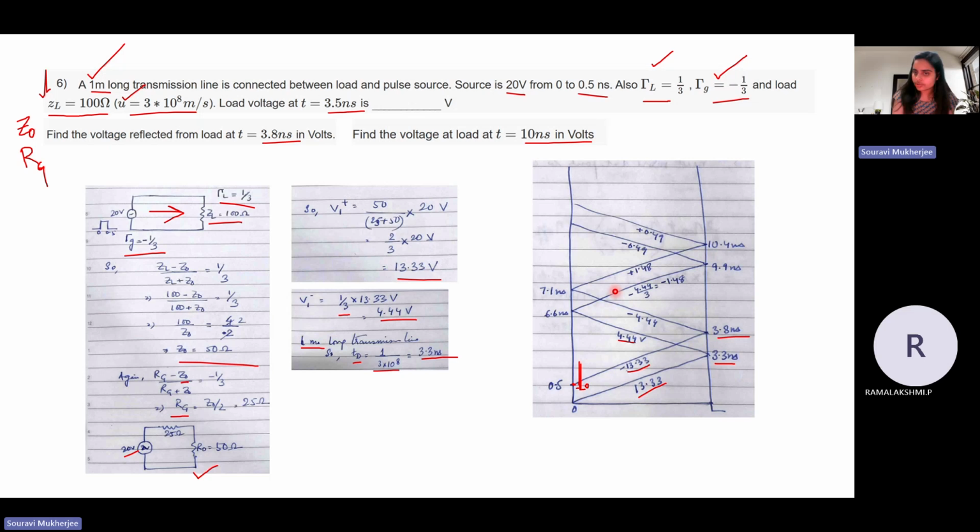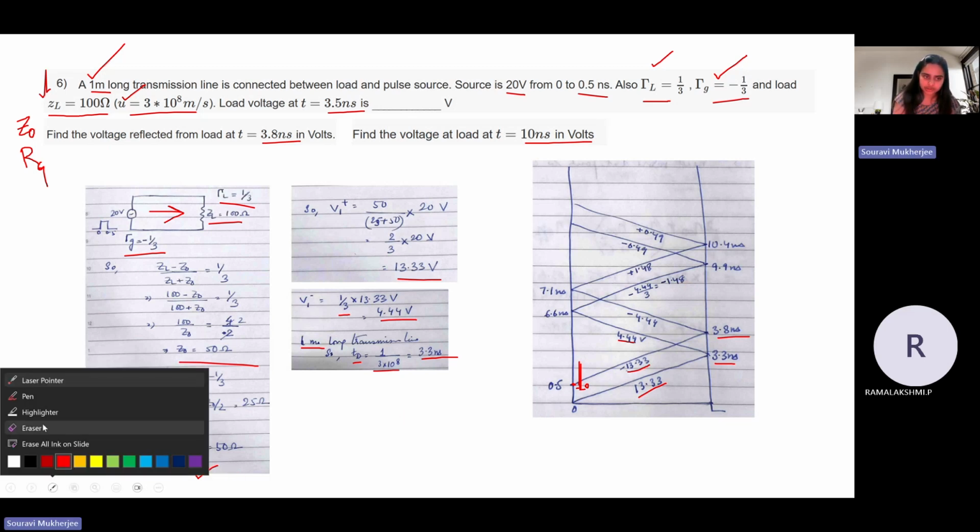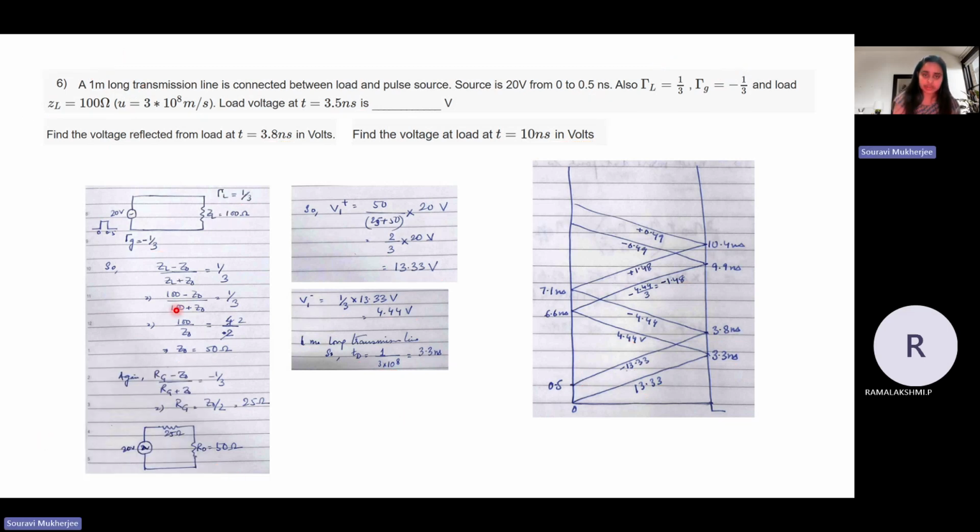Once you do that, you have to repeat it. If you're asked to find the voltage at 10 nanoseconds, that is here, right? So what is the net voltage? Minus 1.48 and 0.49. That will give you the net voltage at 10 nanoseconds. So that's how you have to answer this kind of question. Any doubt?